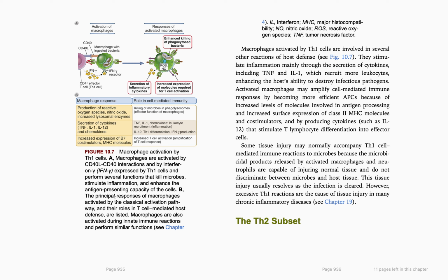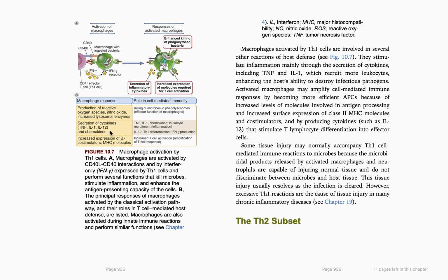So B, the principal responses of macrophages activated by the classical activation pathway and their roles in T-cell mediated host defense are listed. Macrophages are also activated during innate immune reaction and perform similar functions. In B here we see macrophage responses: production of reactive oxygen species, nitric oxide, and increased lysosomal enzymes. The role in cell-mediated immunity is the killing of microbes in phagolysosomes.